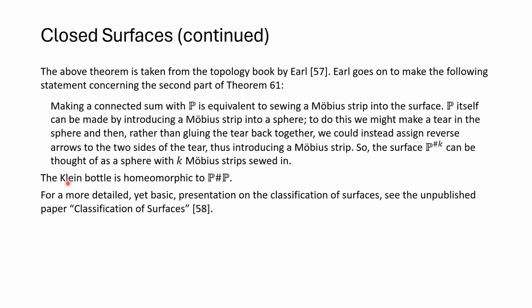That's a fact. And for a more detailed yet basic presentation, there's an unpublished paper entitled Classification of Surfaces. Again, this reference is in my book. I would encourage you to download that if you're interested in more details.